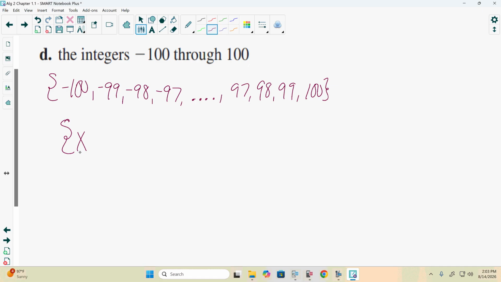We can also write this as an inequality. Same exact thing.